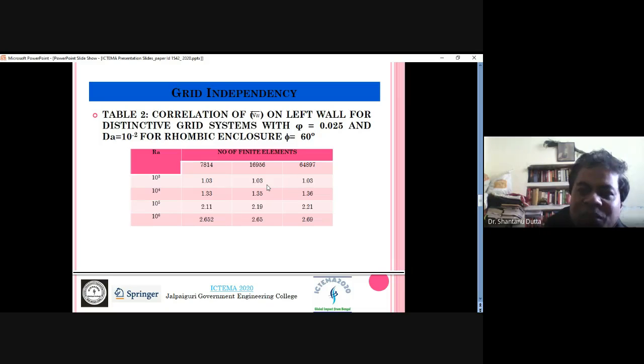As it is not an experimental study, it is always recommended to do a grid independency study, because the results must be independent of the grid. You can see that it is independent of the grid. We have chosen 16,956 grid elements, according to that procedure, because it saves time as well as money.